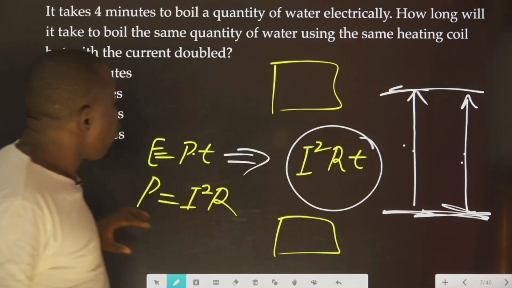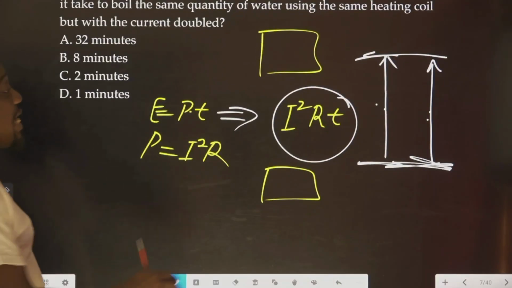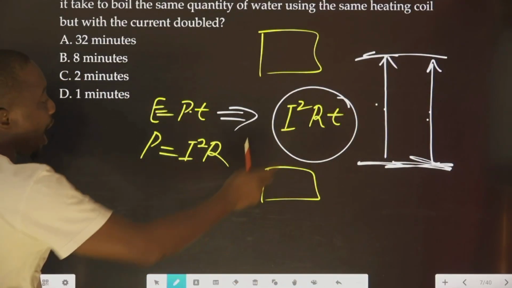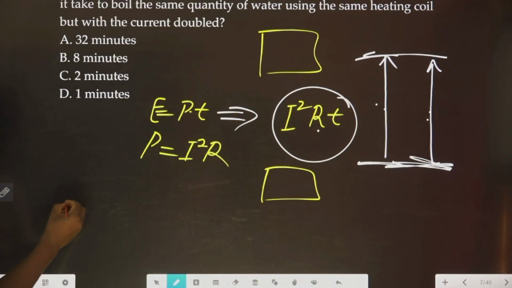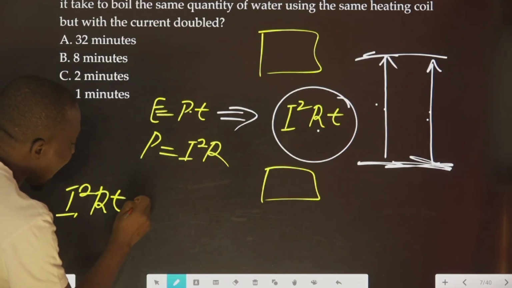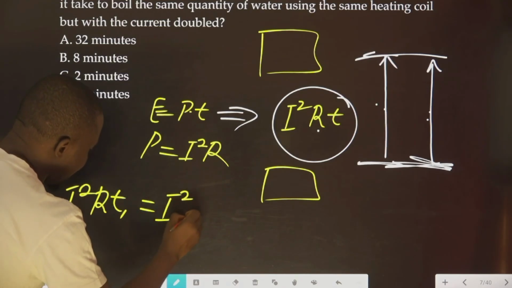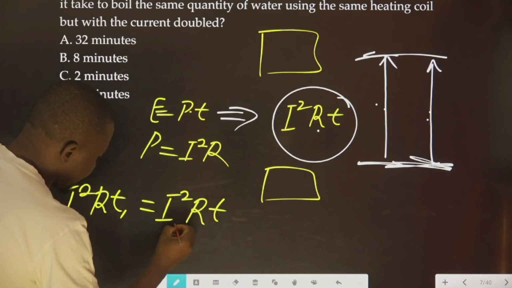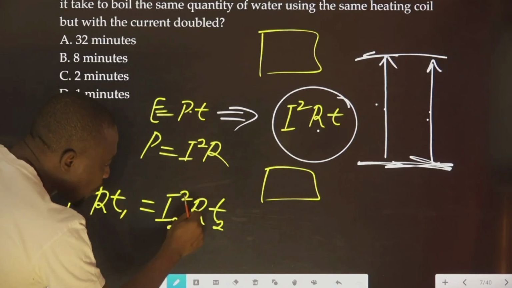So therefore, this energy and this energy are equal. So we say I squared RT. Now we're going to call the first one I1, T1, and the second one I2, T2. Why am I not putting anything on the resistance?